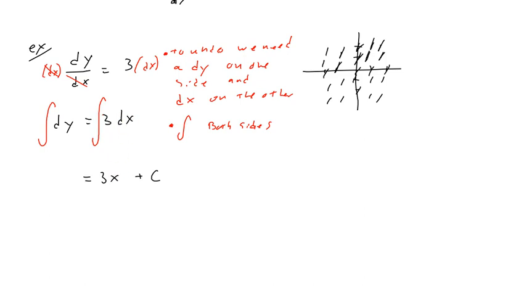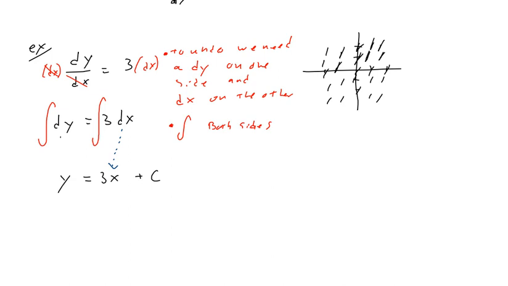So when I did the integral of dx, I got the x back, right? Well, what would happen if I did the integral of dy? This is, remember, a 1 dy. So what do you think the integral of dy is, everybody? If the dx gave me the x, the integral of dy gives me a y.